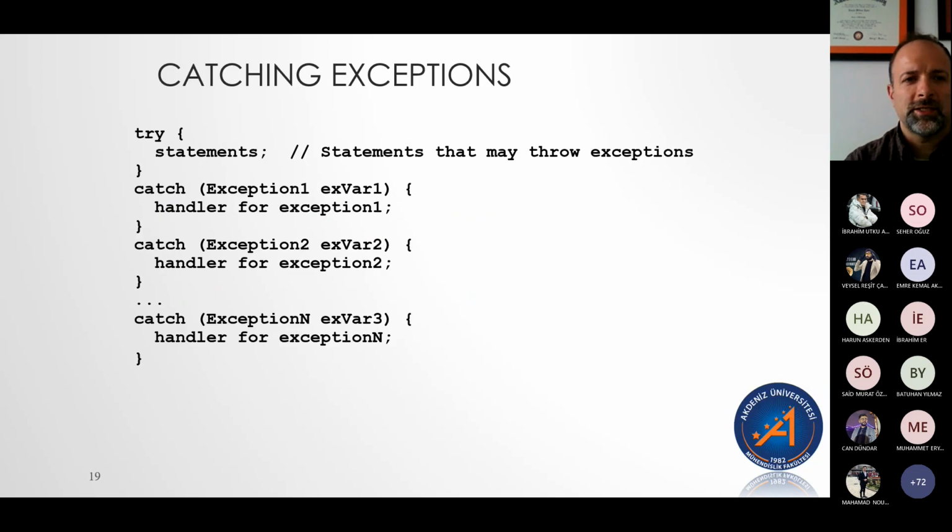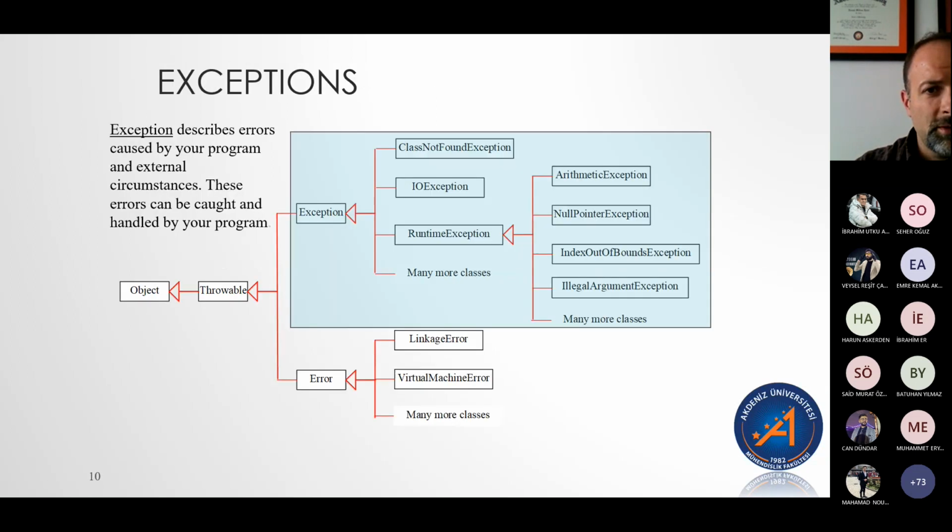So let's talk about catching exceptions. All right. Now, we can catch the different types of exceptions based upon type, or we can catch the parent class exception. All right. So we can catch any type of exception, right? Arithmetic exception, file not found exception, index out of bounds exception.